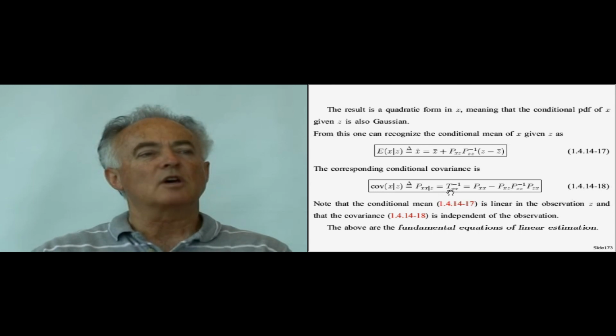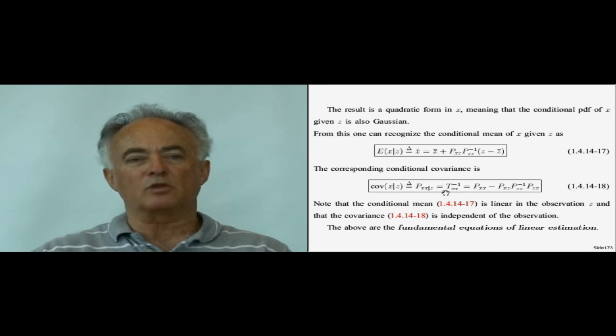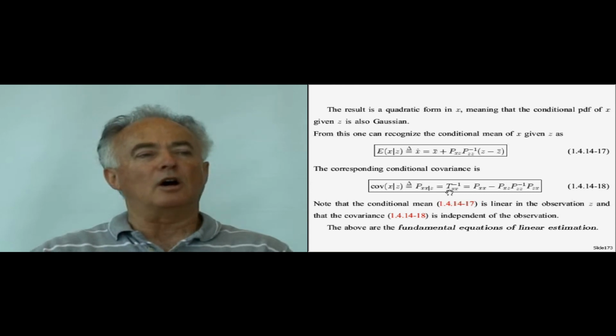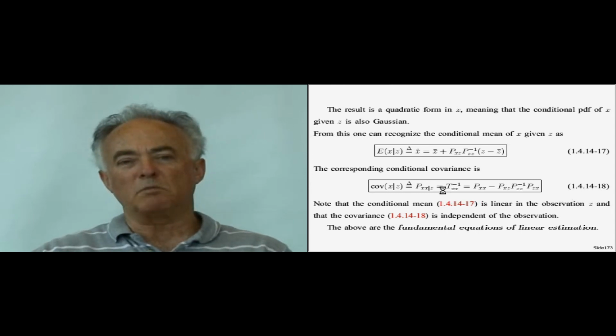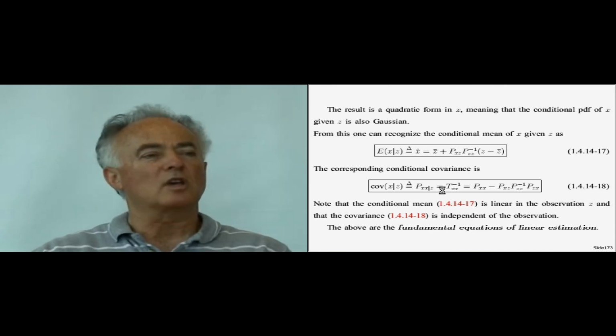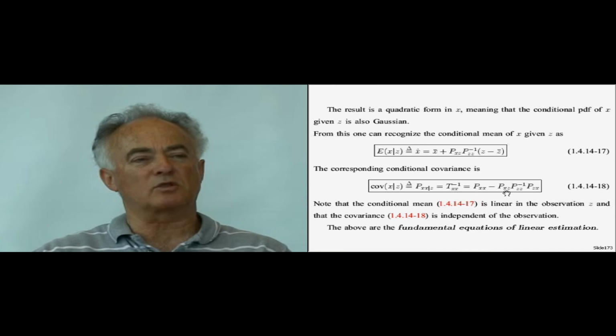Actually here, the detailed manipulations that you should follow from the text take advantage of the inverse of a partitioned matrix, namely the partitions of the inverse can be related to the partitions of the original matrix, and we end up with this pxx given z as pxx minus pxz, pzz inverse pzx.